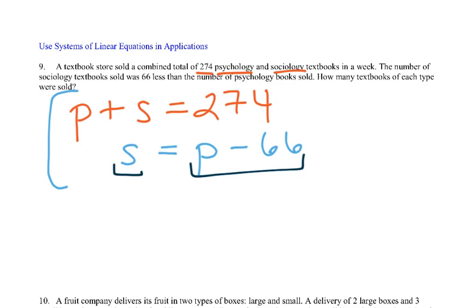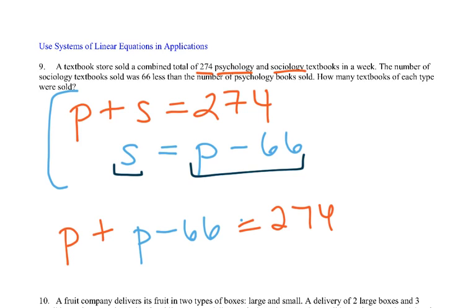So in my first equation, I have P plus S, which is the same thing as P plus P minus 66, equals 274. I'm going to combine my like terms. P plus P is 2P minus 66 equals 274.